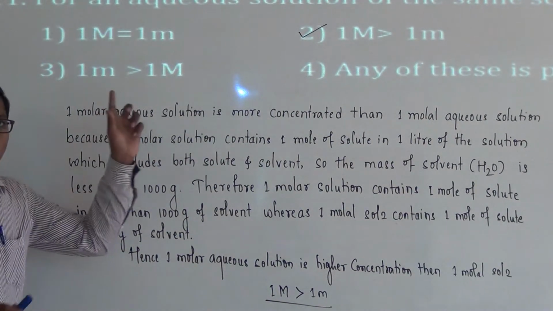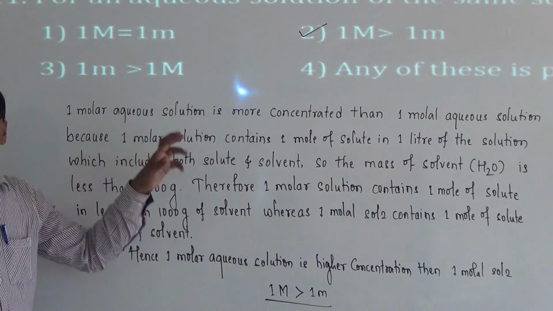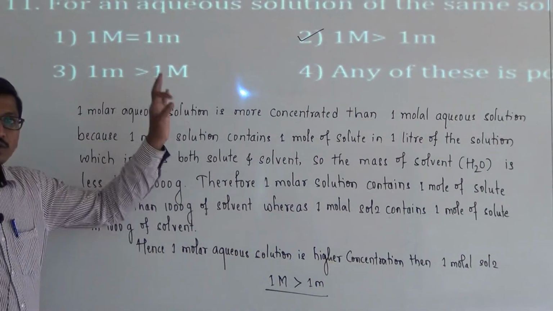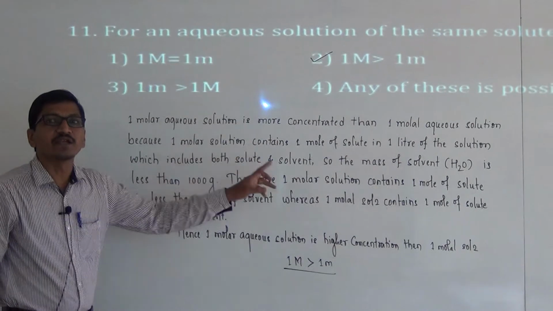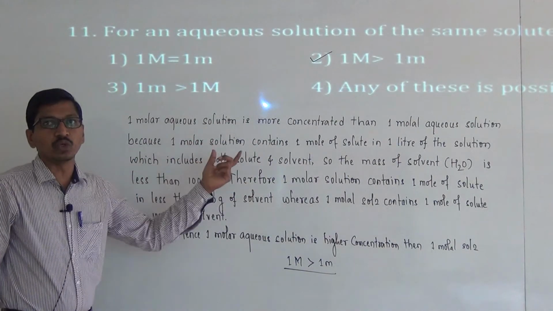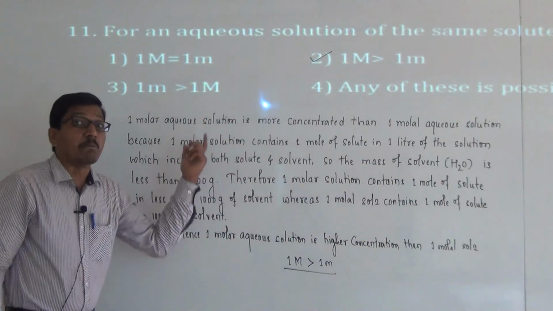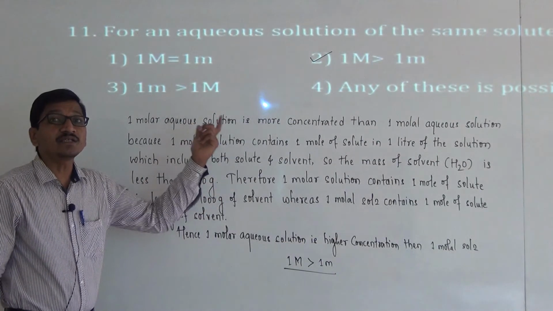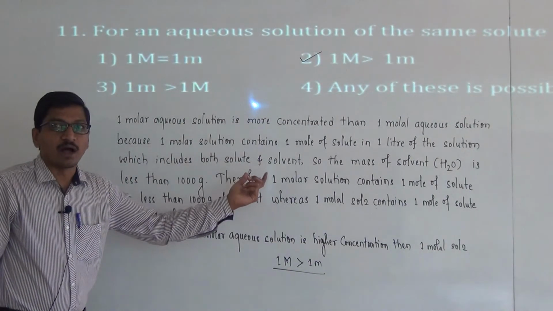because 1 molar aqueous solution contains 1 mole of solute in 1000 ml or 1 liter of solution, which includes both solute as well as solvent, and the mass of the solvent is less than 1000 gram.